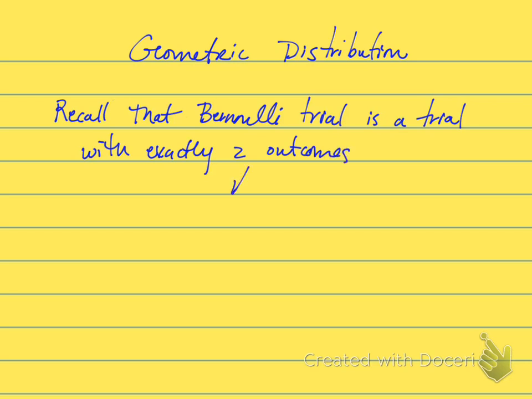We called one of those outcomes a success and the other a failure. We denoted the probability of success p and the probability of failure 1 minus p. When we looked at the binomial distribution, we completed a fixed number of identical independent Bernoulli trials.